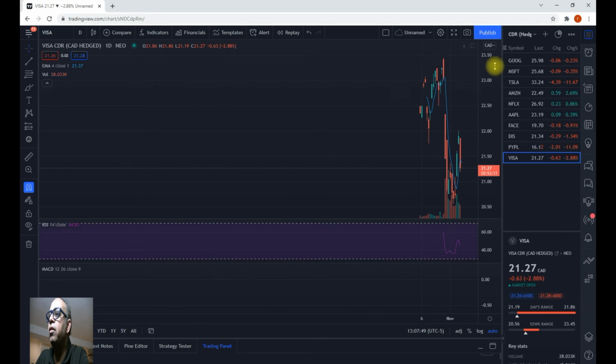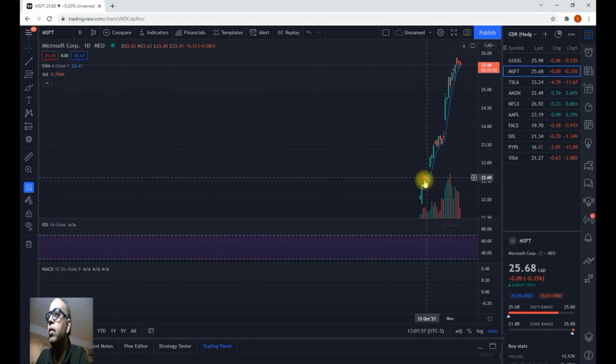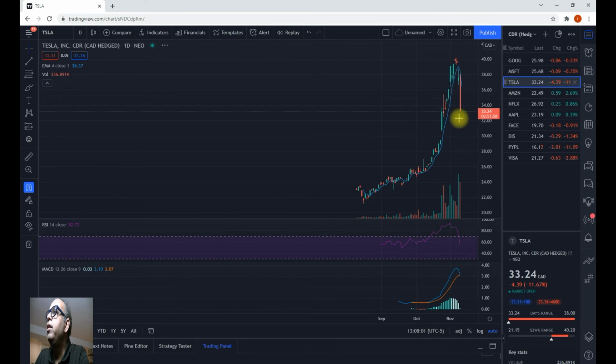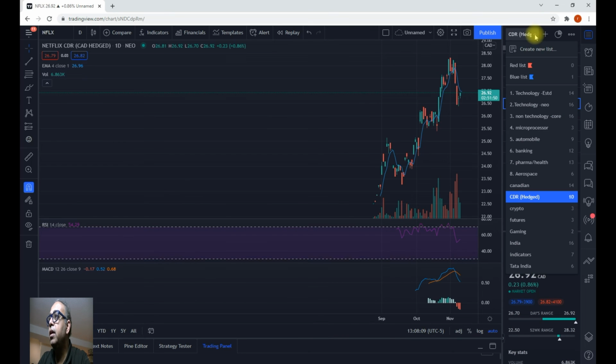Google started in August, Microsoft started somewhere around October first week, Tesla came into the CDR world on 11th of August 21. So you should check these out. These are all good opportunities for Canadians to participate in the American market. And these are hedged receipts, so you don't have to worry about foreign exchange losses.